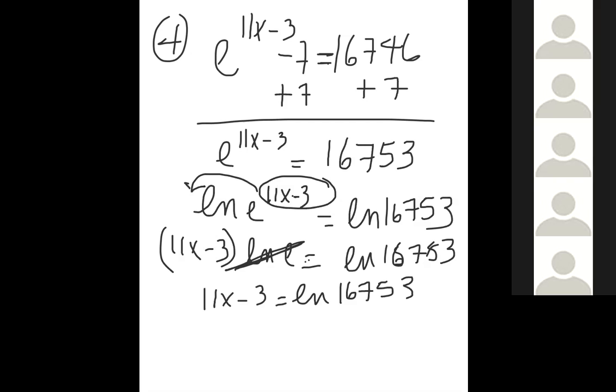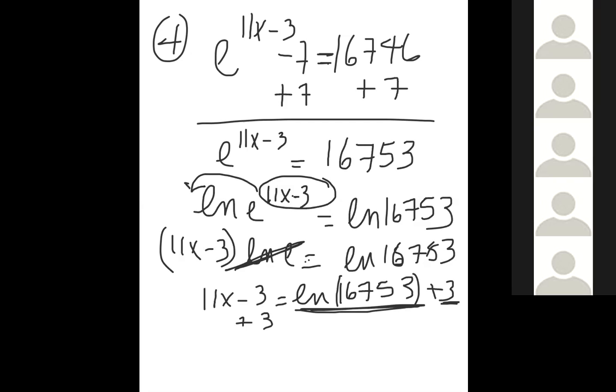Now, guys, we're solving for x. So add 3 to both sides. Be careful. Don't add that 3 to the 16,753. This 3 and the natural log of 16,753 are not the same thing. You can't combine them.